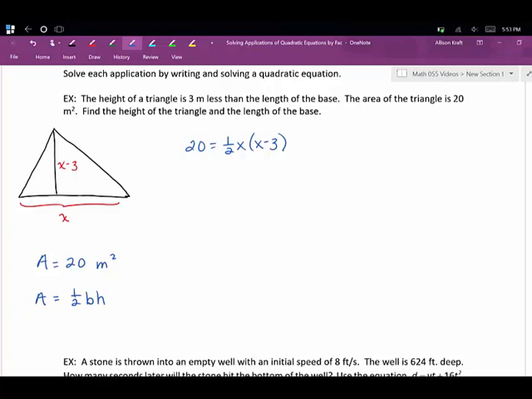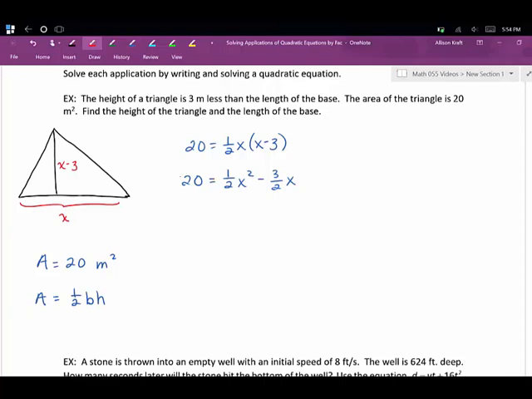We need to get this equation into a quadratic form that can be factored. The first thing we'll do is distribute our 1/2 x. It's going to give us 1/2 x squared minus 3/2 x. Since we will be factoring this equation, it would be nice to eliminate the fractions.